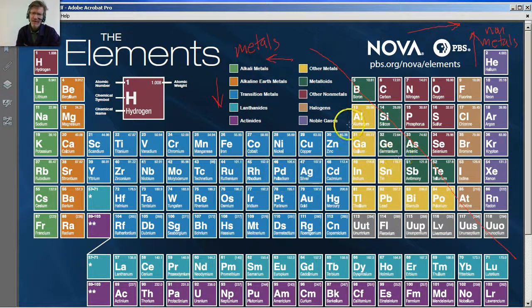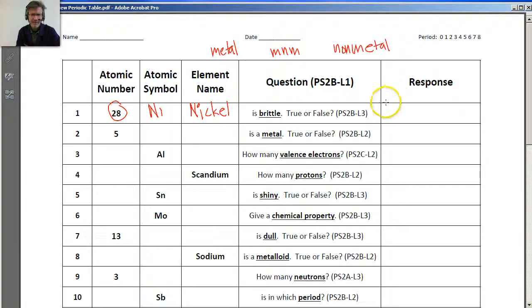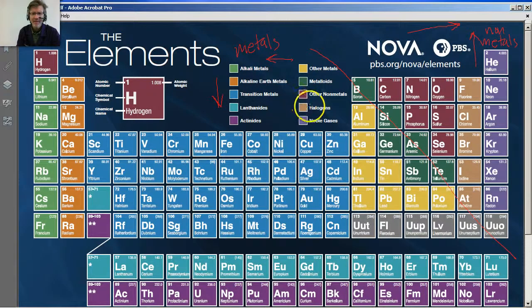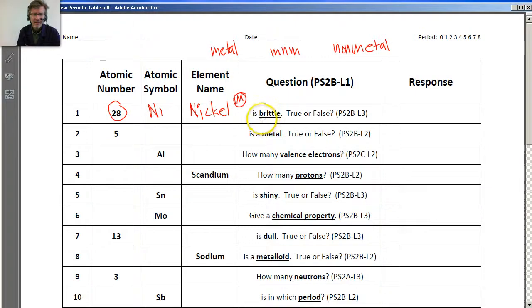So below this line, metals. Above this line, nonmetals. So nickel is a metal. Let's just put a metal here, M for metal. And what we know about metals is that they are ductile, they are malleable, they are shiny.